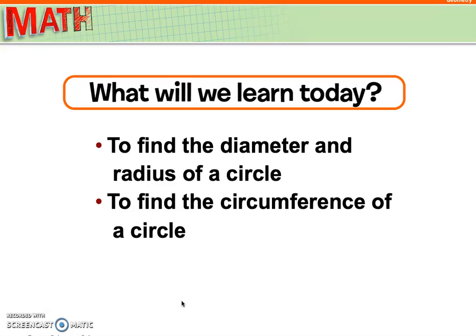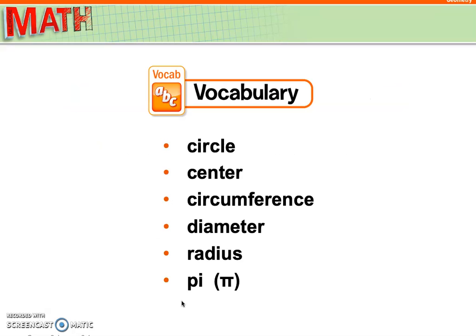If you have those, that'd be great. We'll talk about those a little bit later in the next video. Here is our vocabulary for today. The first one: circle, center, circumference, diameter, radius, and this special word, pi, also written as a symbol just like this.